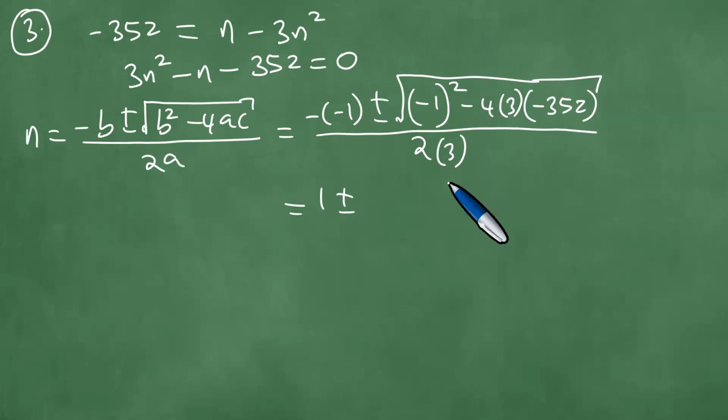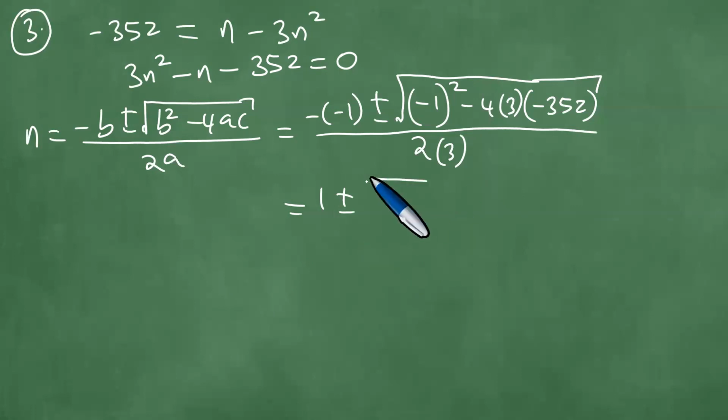This is divided by twice a. 1 plus or minus the square root. We need to do what is under the square root sign, which is exactly 1, then 4 by 3 by 352.